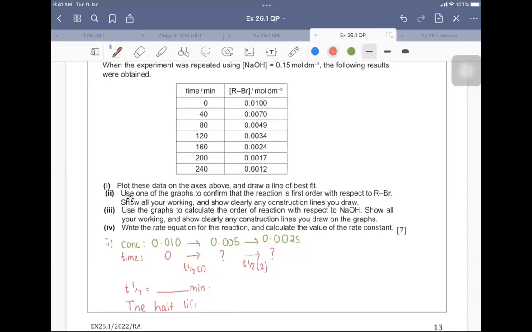The half-life is constant. And that's already 1 mark. All right, you have to do a lot of things to get 1 mark.